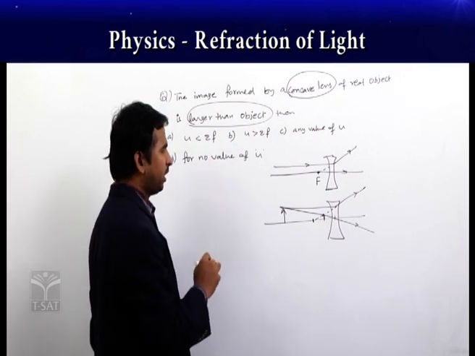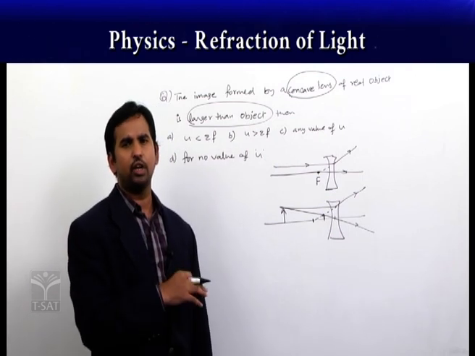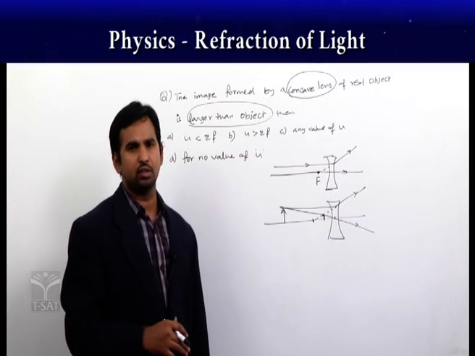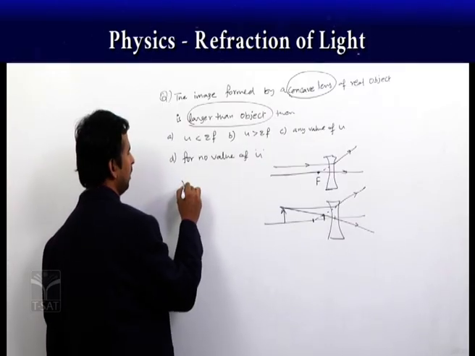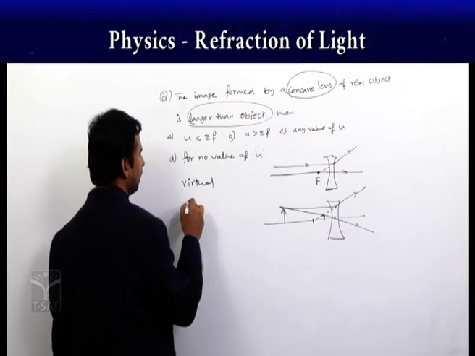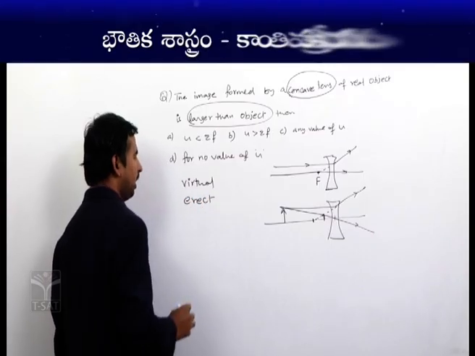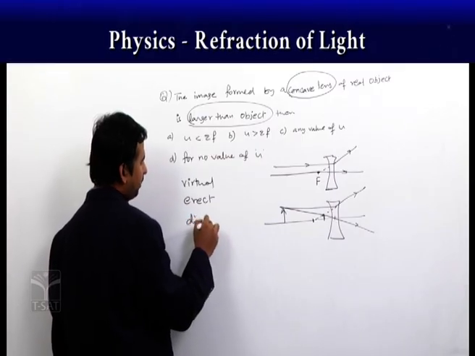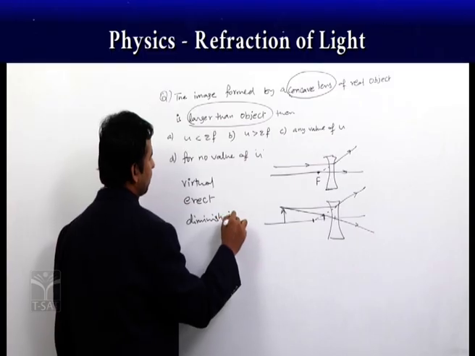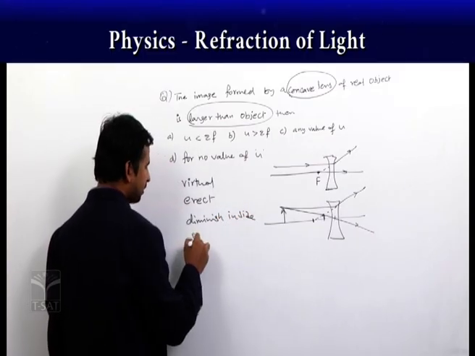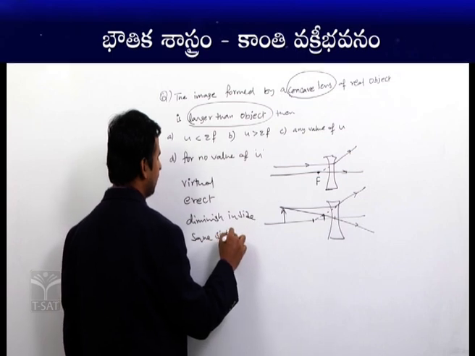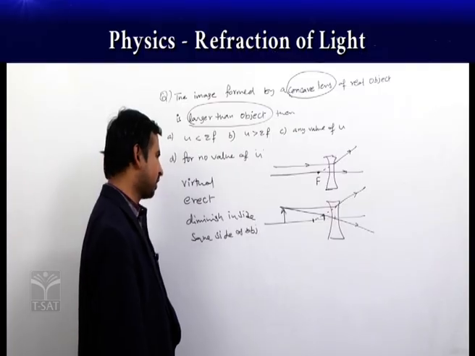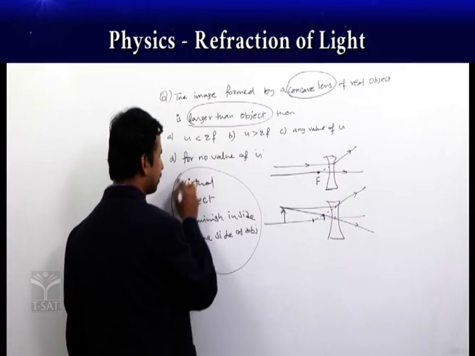Anywhere you take the object from infinity up to the lens, it always shows the same characteristics: it always forms a virtual and erect image, diminished in size, and on the same side as the object. Virtual, erect, diminished and same side. For any case, these are the image characteristics we have.